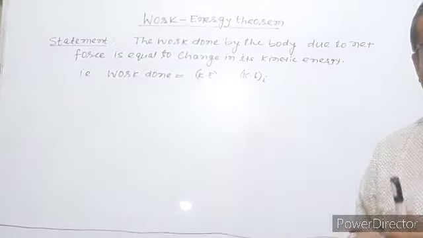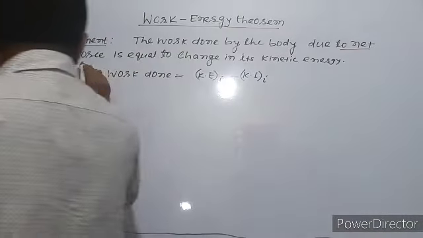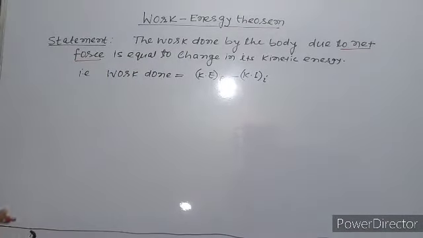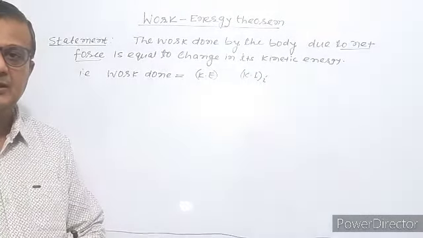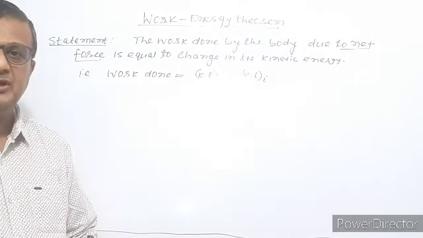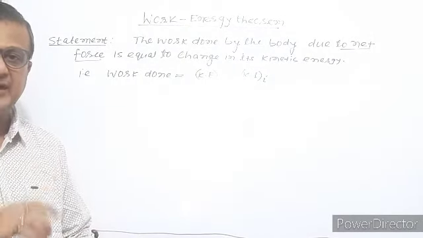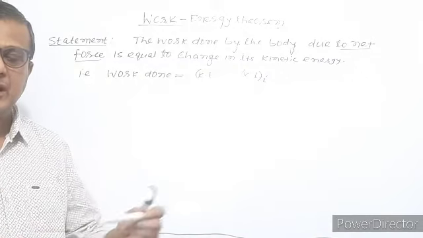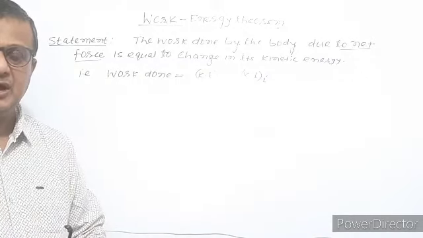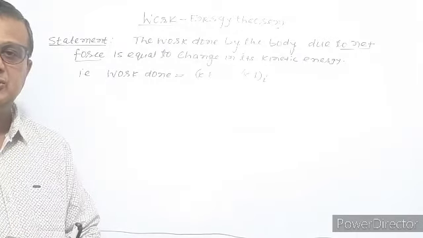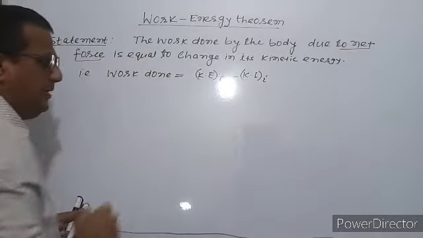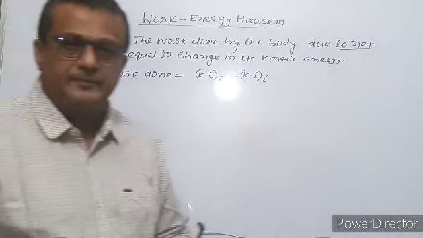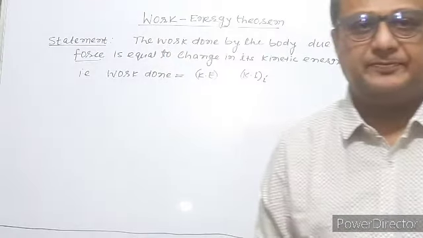If several forces are acting on the body, we have to add all the forces, like external force, internal force, connected force. Due to all forces you can find the work done, only the subtraction between kinetic energy final minus kinetic energy initial.